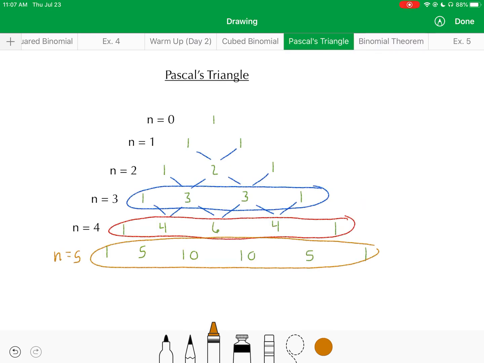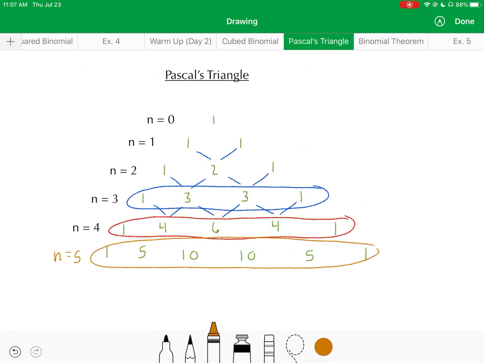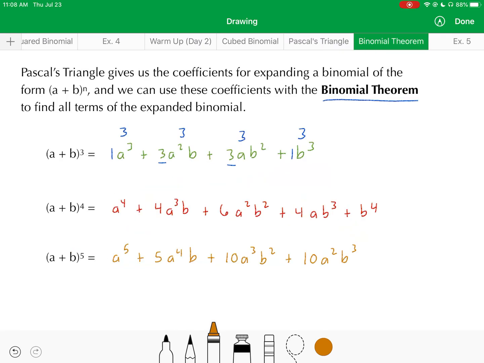Your next coefficient would be 10, 10a to the third, b to the second. Next coefficient is also 10, but now it's going to be a to the second, b to the third. Then we have a coefficient of 5 again, so 5a, b to the fourth. And then finally, our final coefficient is a 1, 1b to the fifth.